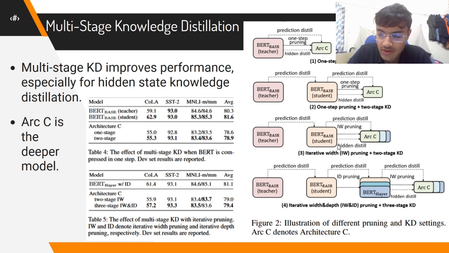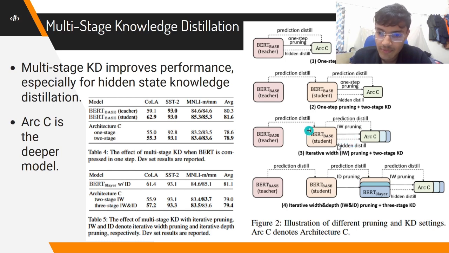The third scheme is iterative width-wise pruning and two-stage knowledge distillation. The first step remains the same, making a BERT-based student model from the teacher using knowledge distillation. And then we iteratively do the pruning which we were doing earlier.